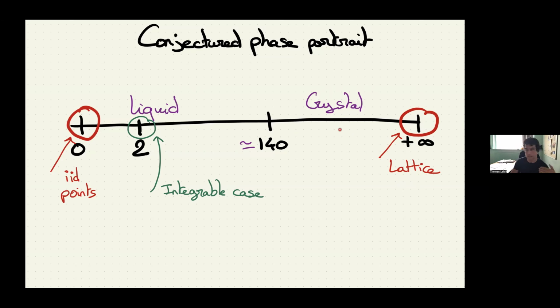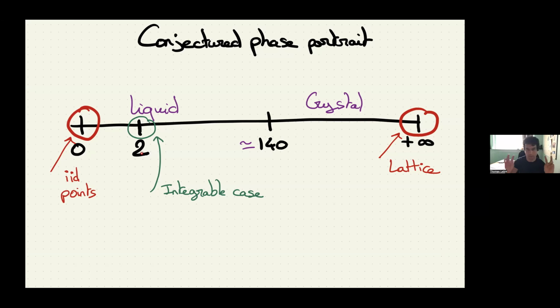I can be more precise. What they mean is that you have long-range correlation of the angles between the particles, but no long-range correlation of the positions. And then around 140, you move into a liquid phase, so beta goes down and the temperature goes up. And then here you're in the liquid phase.